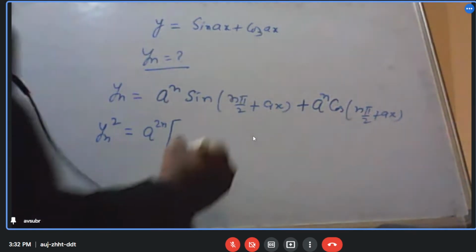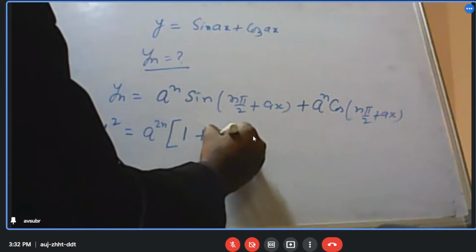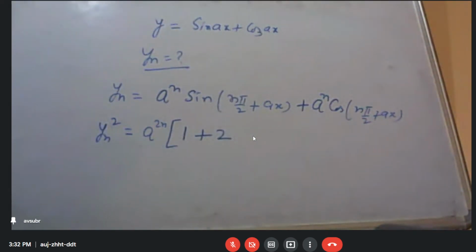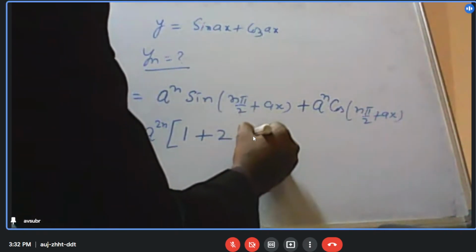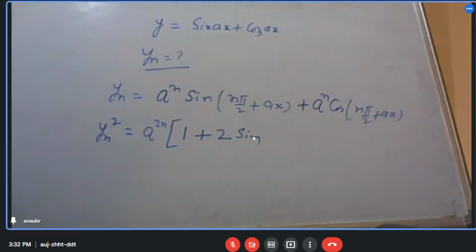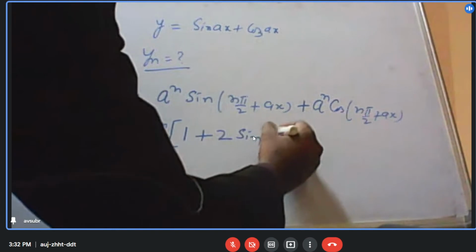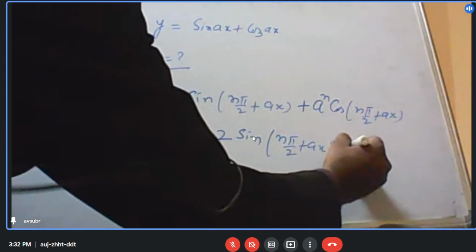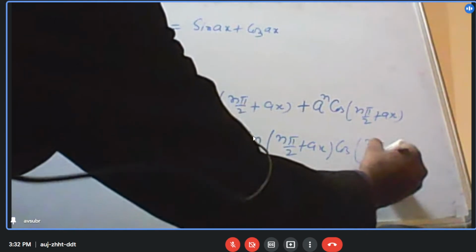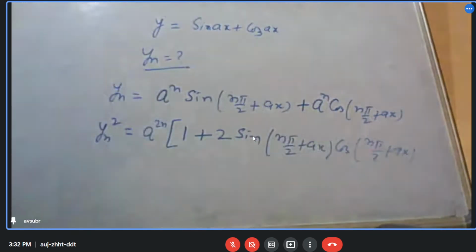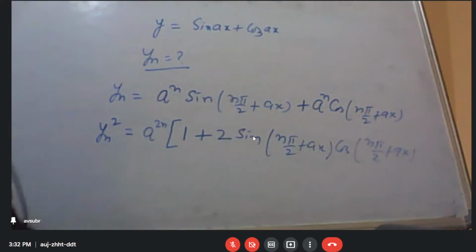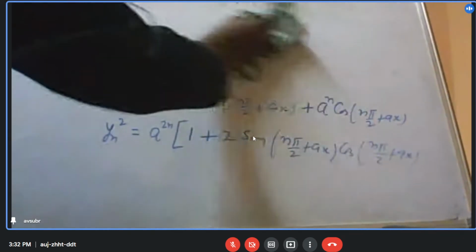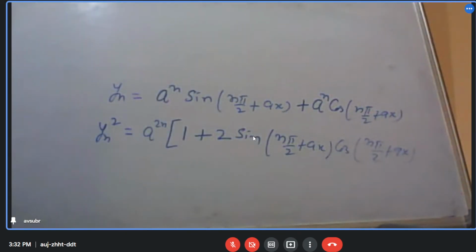So 1 plus twice of sin(n pi by 2 plus ax) into cos(n pi by 2 plus ax). Is it okay?